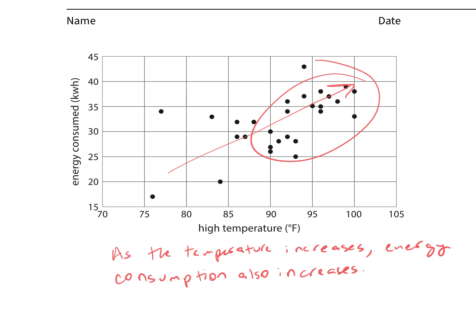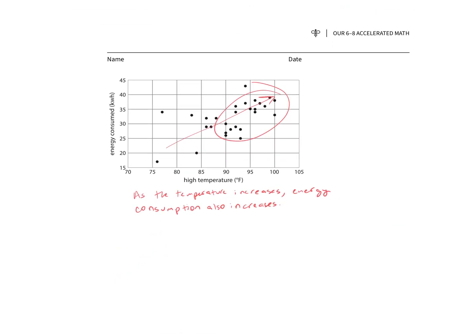So there are some outliers in this case, but it depends on the person at that point, and what type of energy they're using at home. So although there is an association between the two variables, this is definitely a weaker association than the previous two scatter plots.